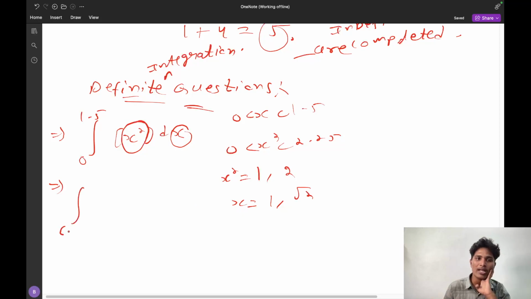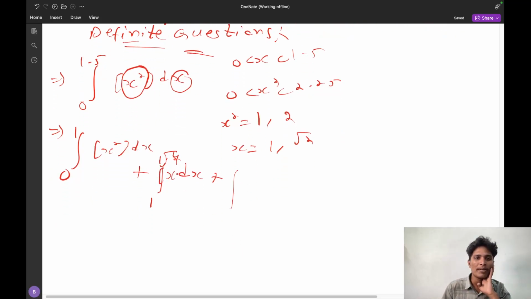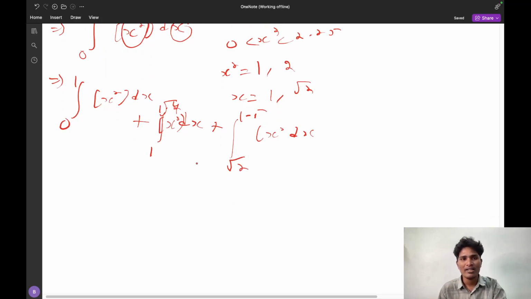So we have to break it here: 0 to 1 step x square dx, plus 1 to root 2, plus root 2 to 1.5 step x square dx. When x is from 0 to 1, the answer is 0.